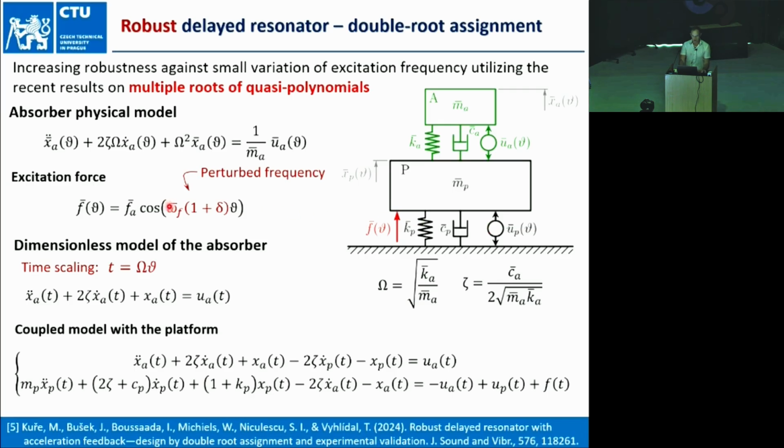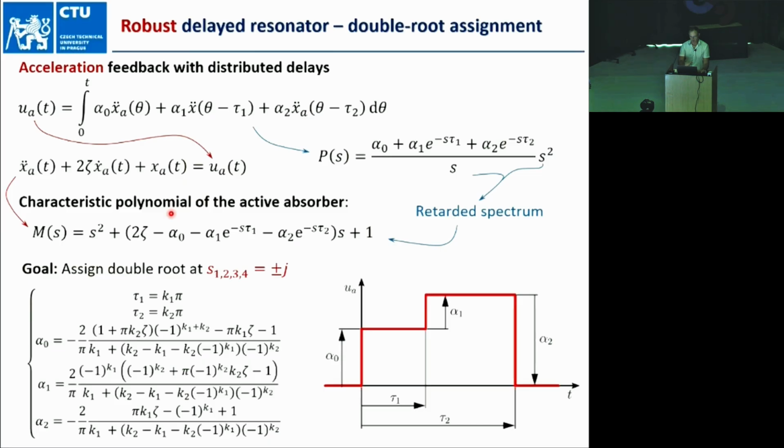And we assume that the excitation frequency omega is not fixed, but can be perturbed. Okay, so this is how the feedback looks. We turn the system to this dimensionless form, so we have only a single parameter, which is damping, which helps to generalize the results.